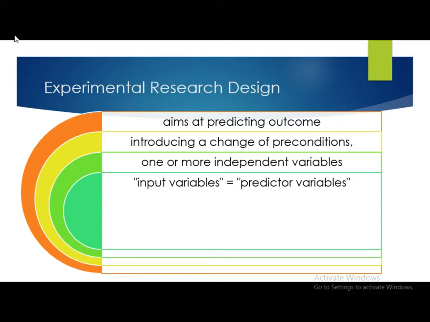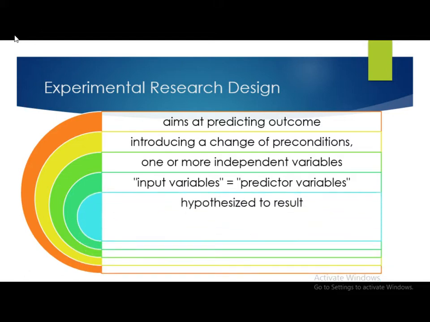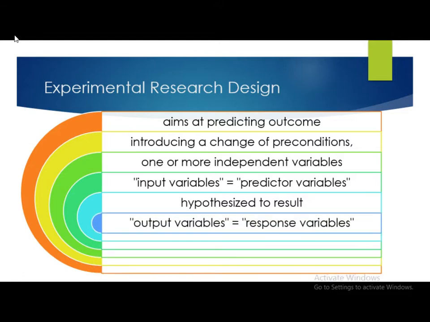The change in one or more independent variables is generally hypothesized to result in a change in one or more dependent variables, also referred to as output variables. Here, output variables are also called response variables. So input variables are termed predictor variables and output variables are termed response variables.